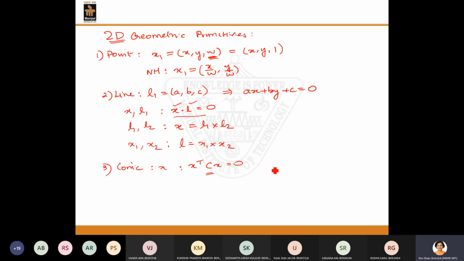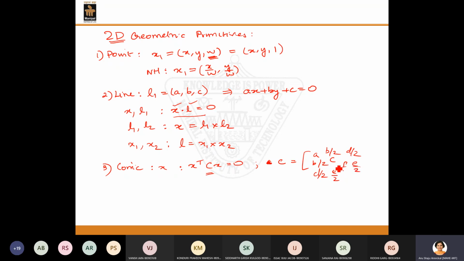We had already seen how to represent this. So we have a, c and f, then b by 2 here, b by 2 here, then d by 2 here, d by 2 here, and then here I have e by 2.